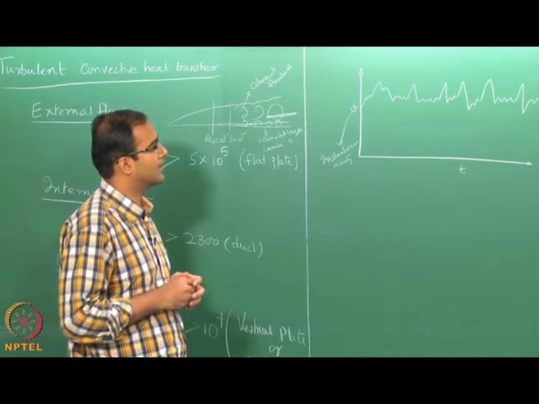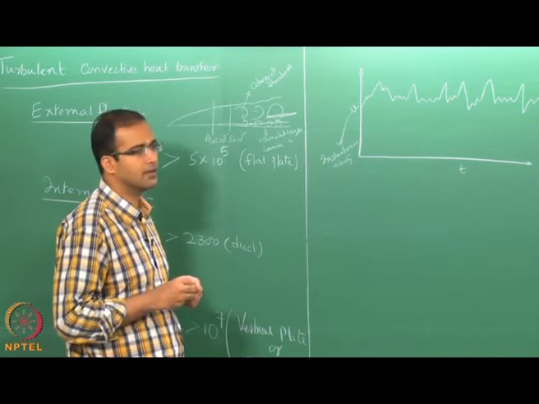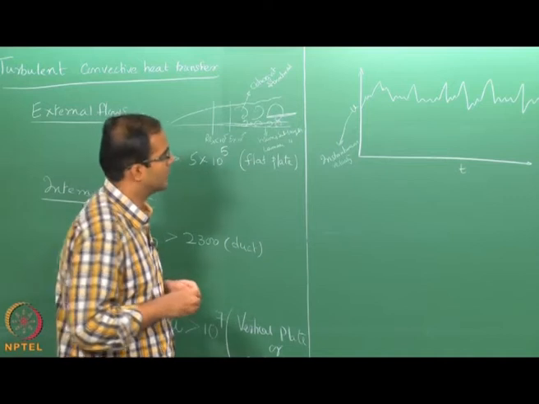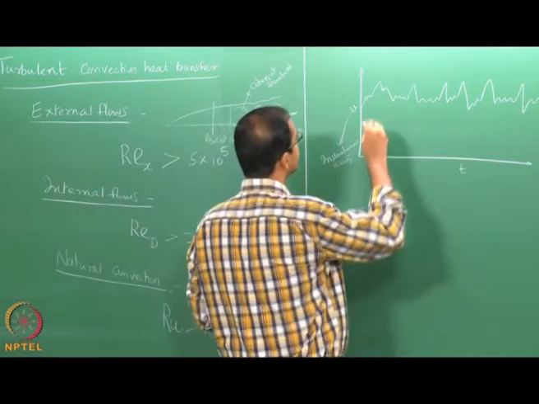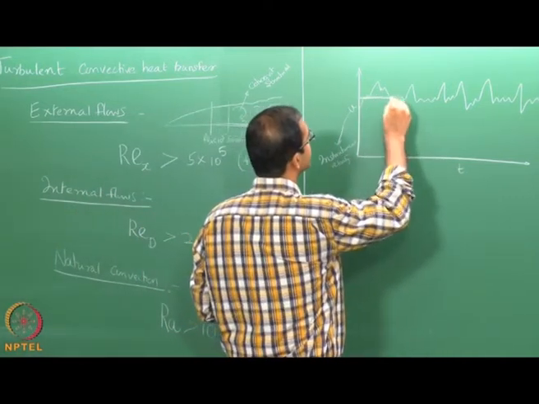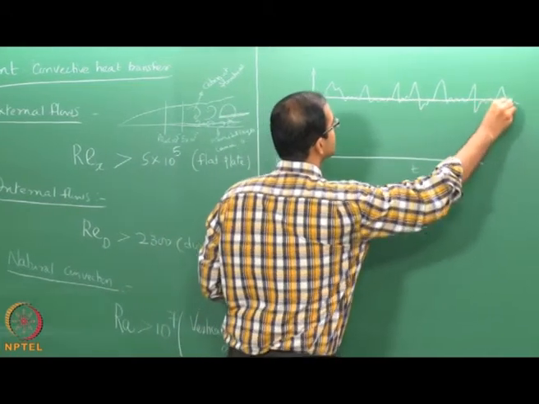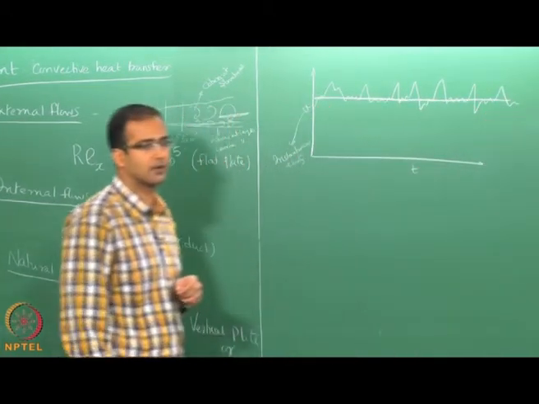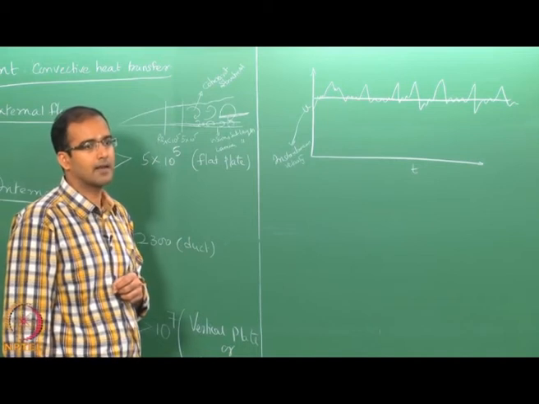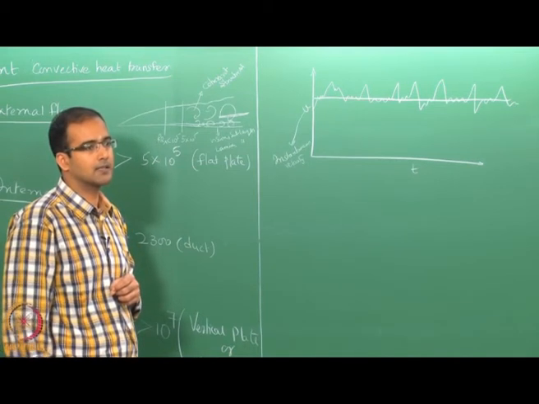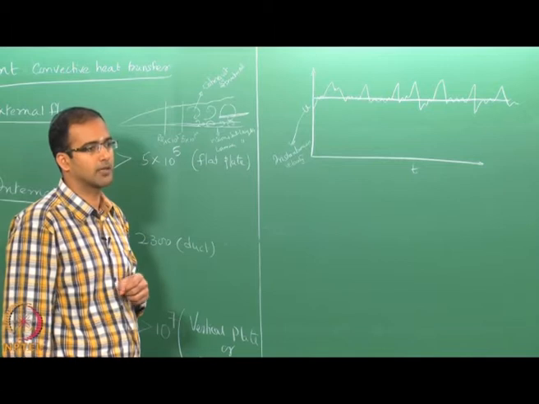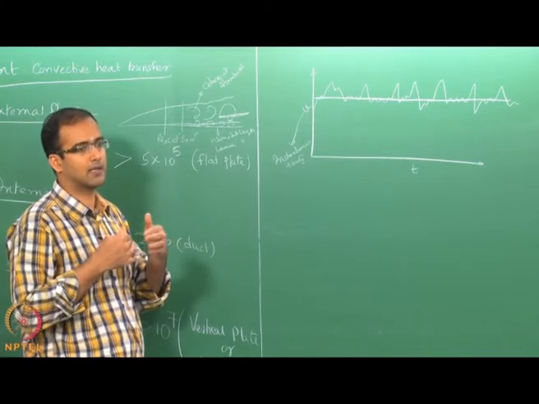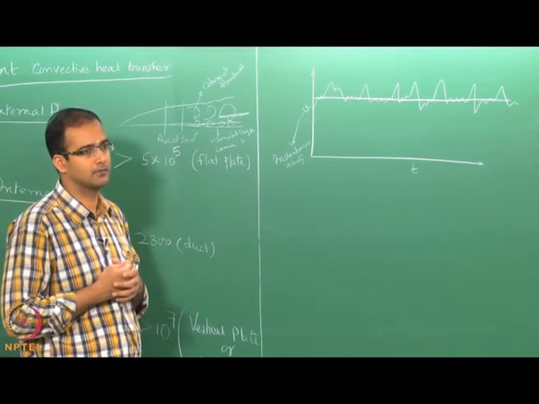Now that you can capture this, how do we then post process? What we usually do is take an average of these readings, okay. We can classify this entire instantaneous data into an average and a fluctuation about the mean, okay.